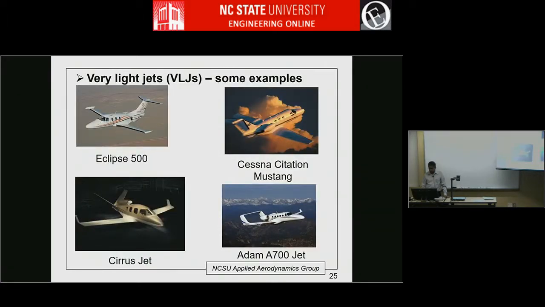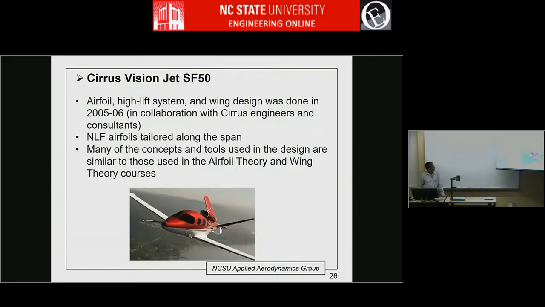But most recently, you've probably been hearing of very light jets, and one example is the Cirrus jet, which has just recently been certified by the FAA, so it's probably in production already. In the 2005-06 time frame, I worked with the Cirrus engineers to design the wing and the airfoils.